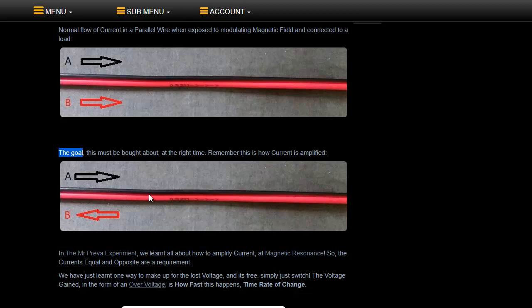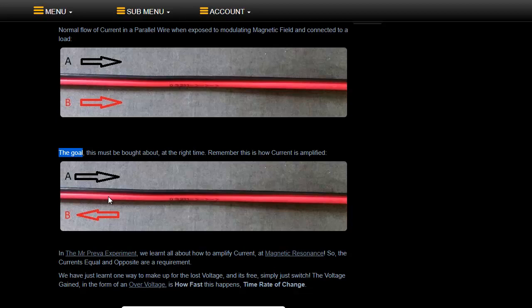Superposition. So if we were to say ampere turns of the primary coil was 1, ampere turns of this black coil here was 1, ampere turns of this red coil here was 1, then we'd have 1 plus -1 plus 1, which equals 1.